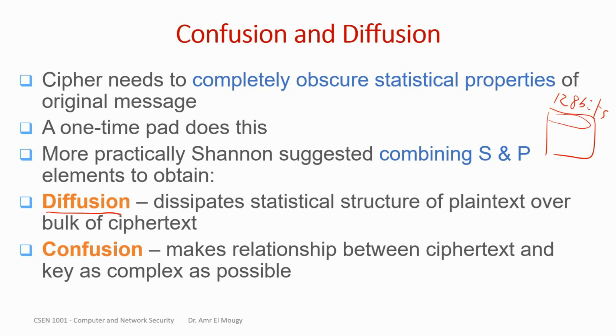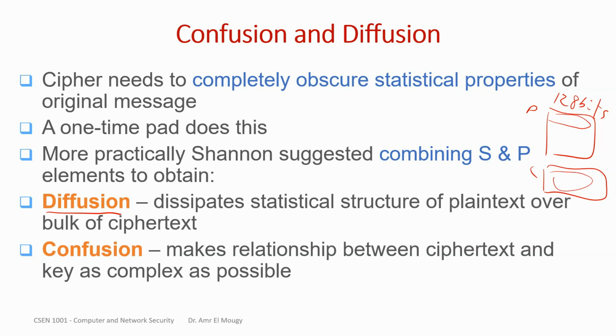Each group of bits in the plain text has to affect a bigger group of bits in the ciphertext. Okay? Again, for example, if you take 8 bits in the plain text, those 8 bits should affect a larger group of bits in the ciphertext. That means each byte in the ciphertext should be dependent on a group of bytes in the plain text as well.